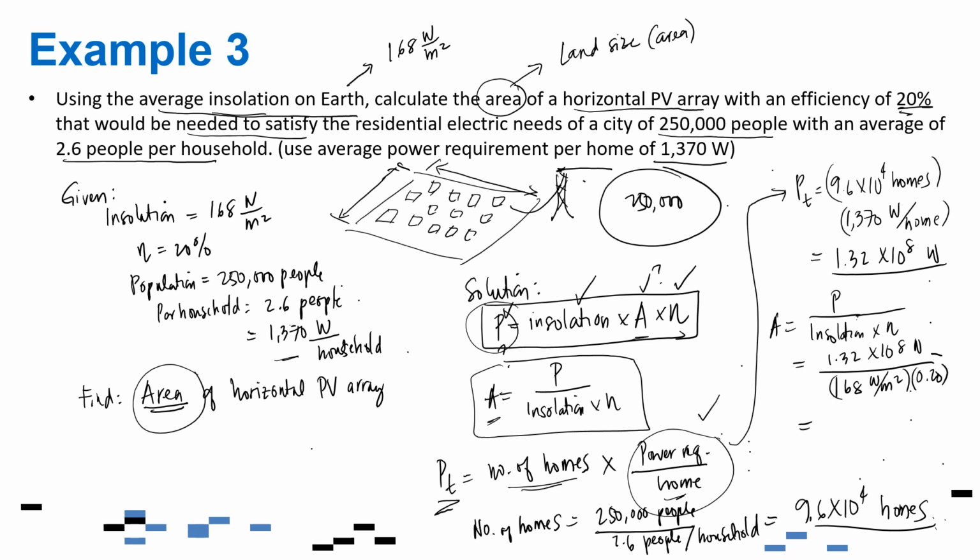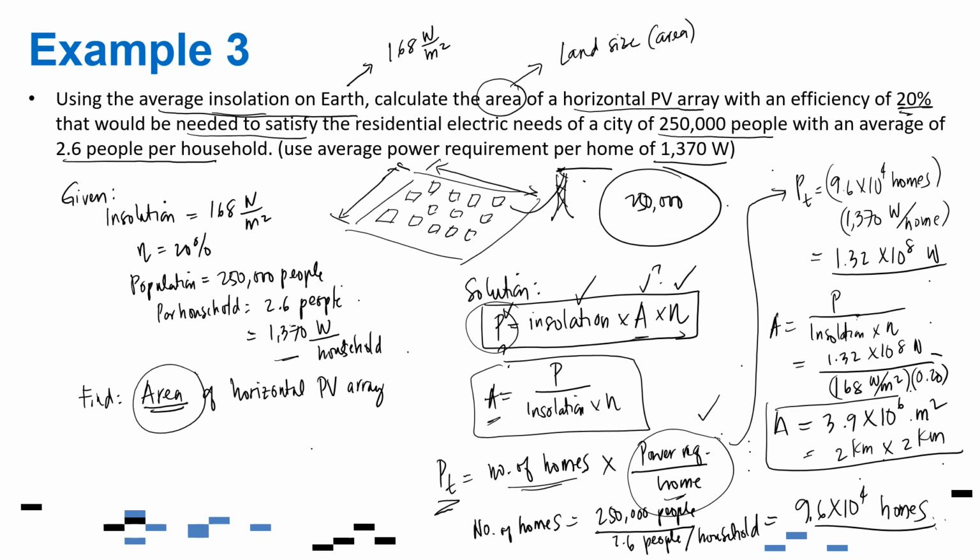So the area A is equal to 3.9 times 10 to the 6 square meters. Because it's a big area, we can convert to kilometers and say that it is 2 kilometers by 2 kilometers.